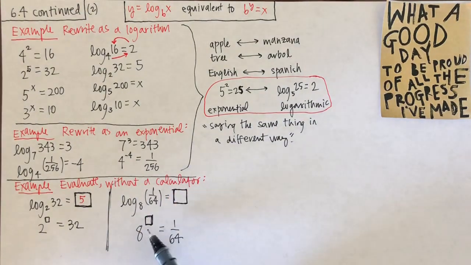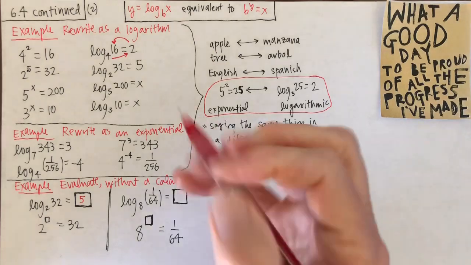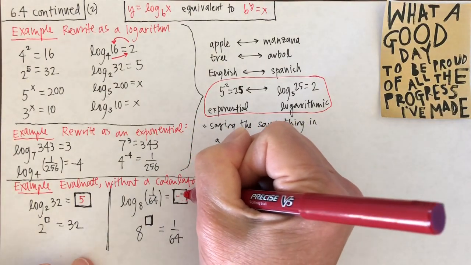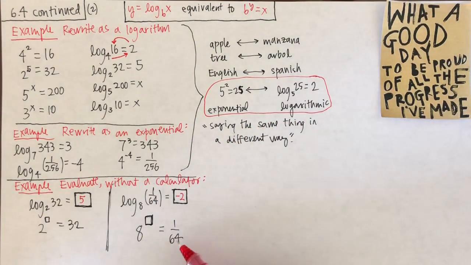I know that 8 squared equals 64, but I need 1 over 64. So it's not 8 squared, but it will be 8 to the negative 2. And that'll get me the reciprocal of 64. So 8 to the negative 2 equals 1 over 64. And this is the answer. This is evaluating this logarithm.